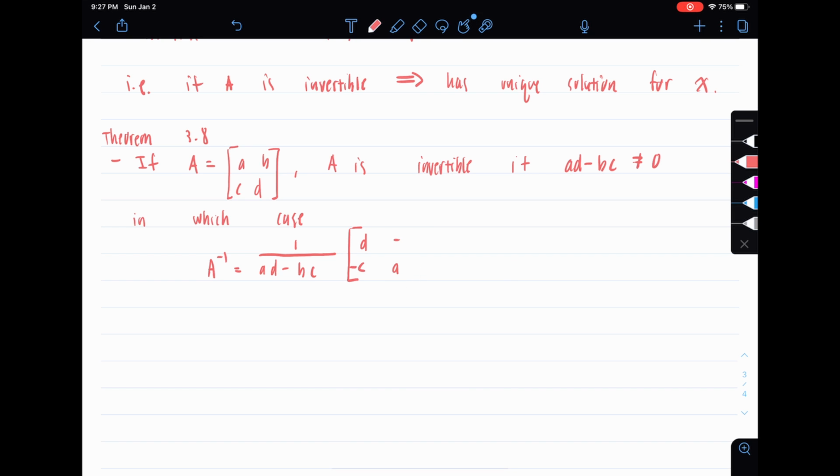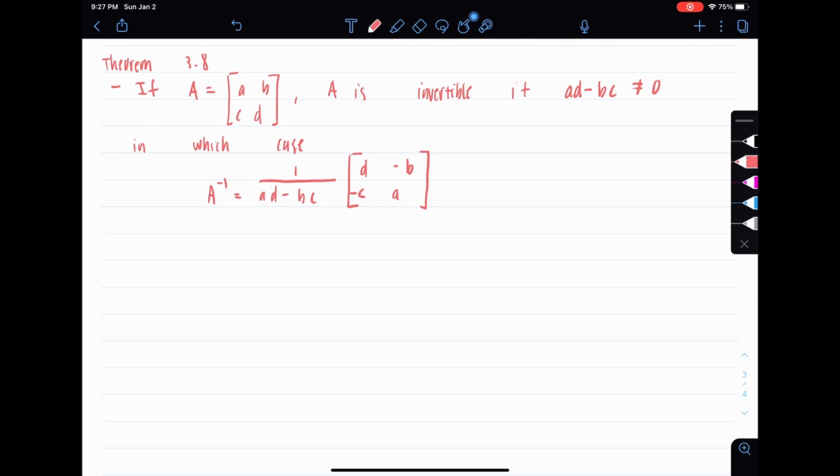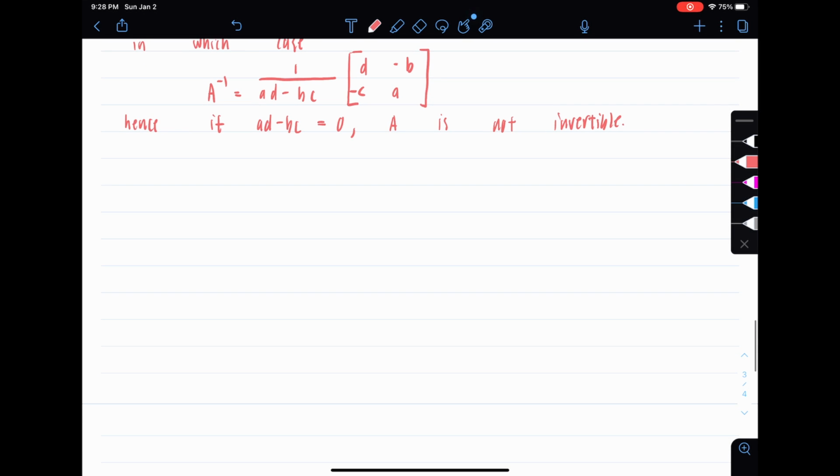Given the determinant, we will see that A inverse equals 1 over AD minus BC multiplied by the matrix [D, negative B; negative C, A]. We're basically simply swapping A and D, and then multiplying negative 1 to B and C.